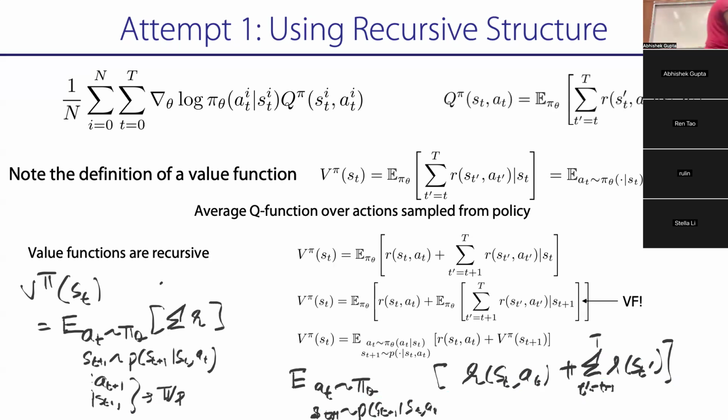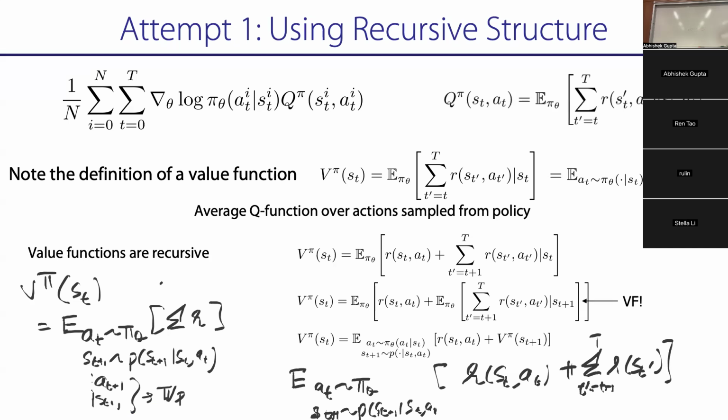All we did is expand the expectation so we don't skip over steps. So we're saying the expected sum of rewards, where your first action is sampled from your policy, your next state is sampled from your dynamics, and then you keep sampling policy, dynamics, policy, dynamics. This is expanding the shorthand for expectation.